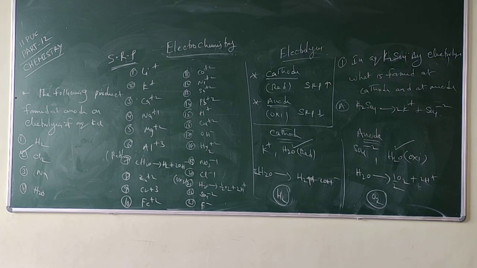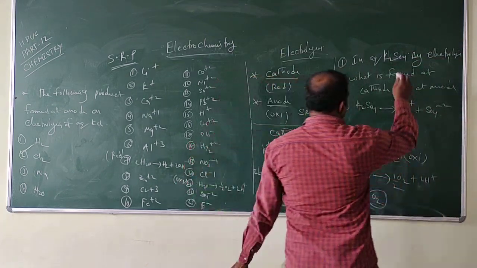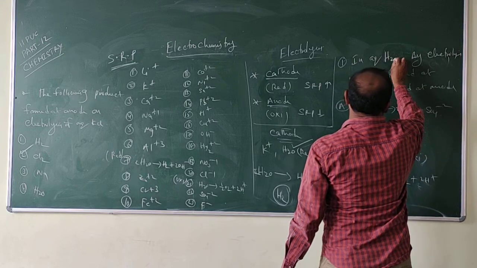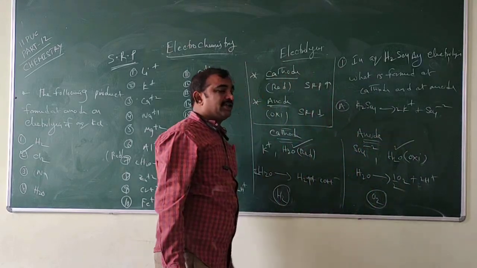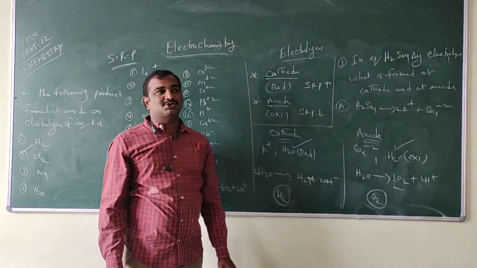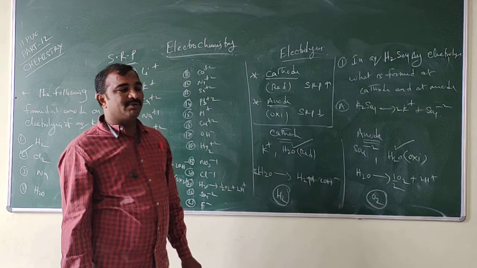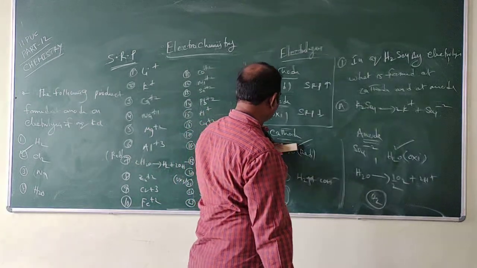Next, in aqueous H2SO4, by electrolysis, what product is formed at cathode and what product is formed at anode? See here, cathode.